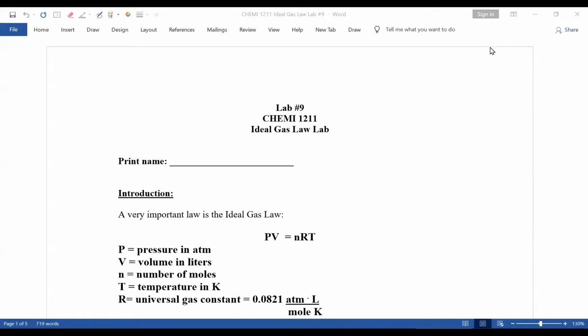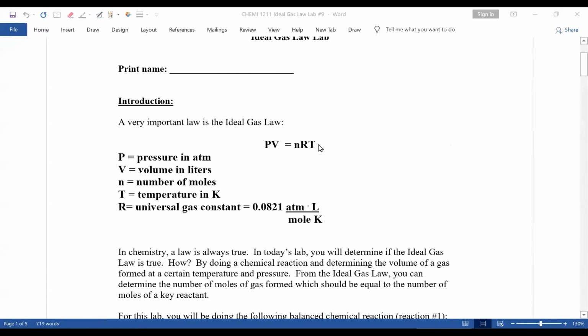All right. This you can download either as a Word file or as a PDF. The ideal gas law is PV equals nRT. Remember, P is pressure in atmospheres, V is volume, n is the number of moles, T is temperature in Kelvin, and R is the universal gas law constant.